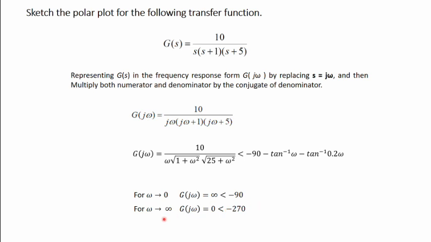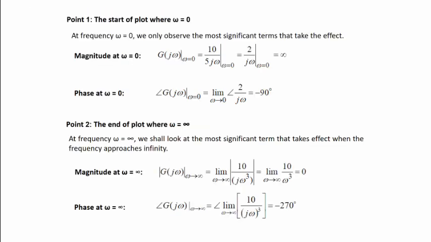At omega tending to infinity, the magnitude is 0 at an angle of minus 270 degrees. The same is illustrated in points 1 and 2.